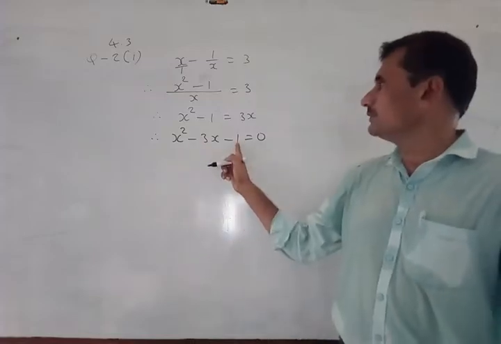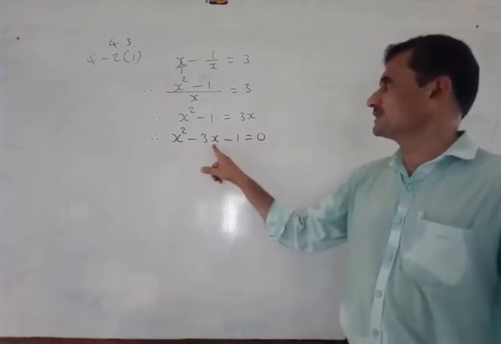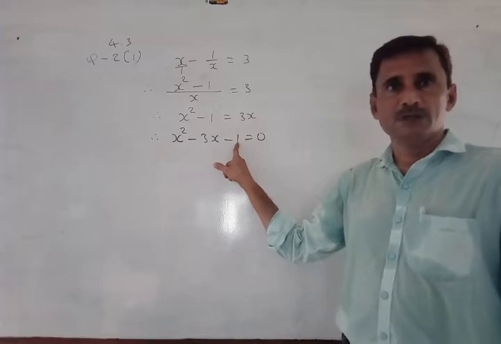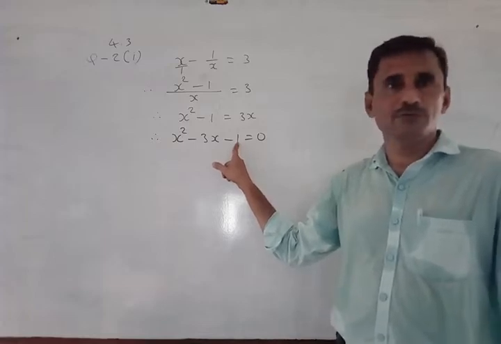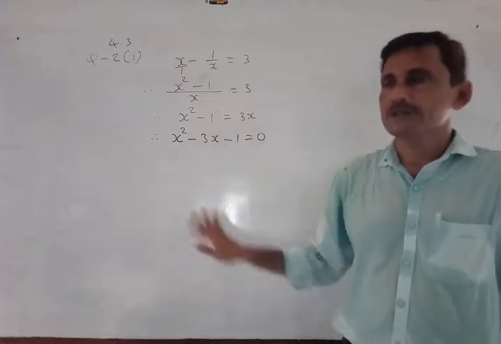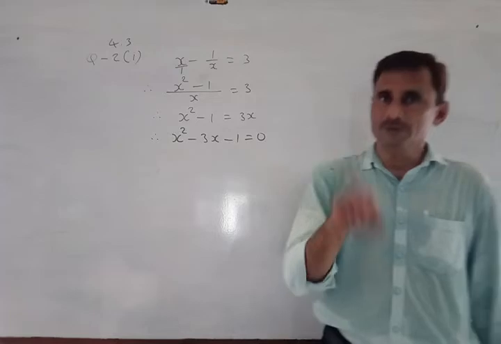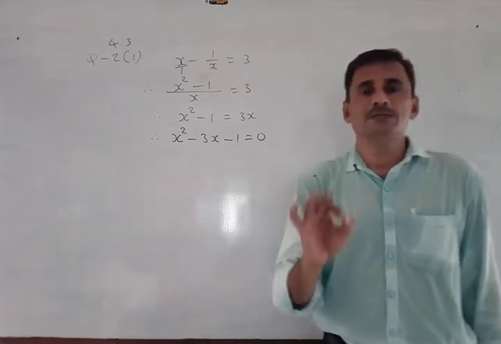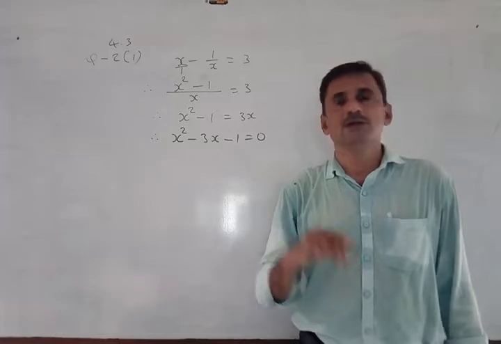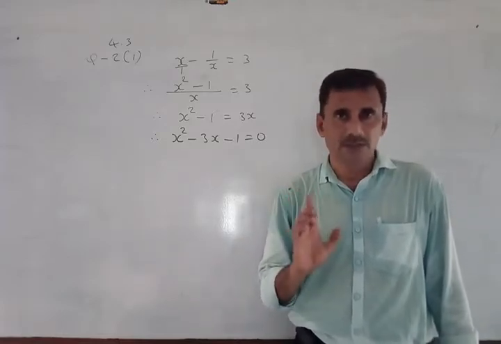Here if you try to factorize it, then it is not possible, because 1 ones are 1, and two factors cannot be obtained so that the difference becomes 3. It is never possible. So the factorization method is not possible here. I told you in the previous lecture that the factorization method is possible when roots are rational. Otherwise, every time we cannot do the factorization method.